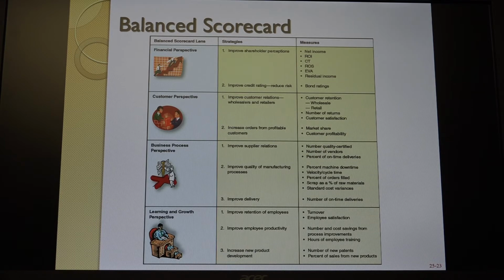Well, in this particular instance, what they've done is used customer retention, number of returns, and results of their customer satisfaction surveys. I assume that's what they're talking about, as a way to gauge this strategy of improving customer relations.